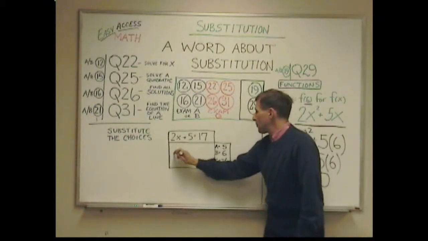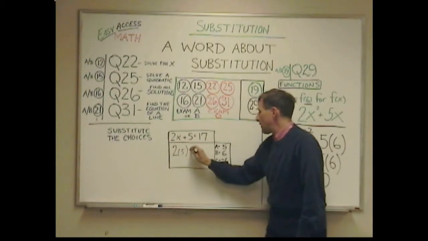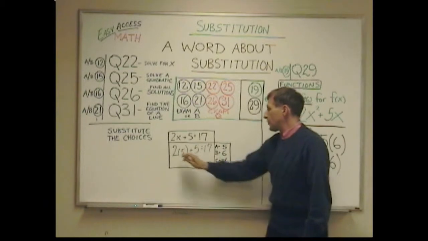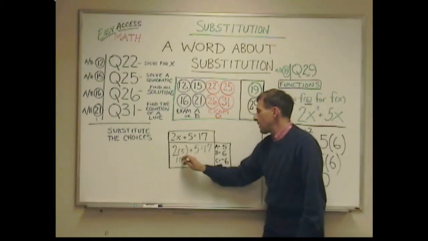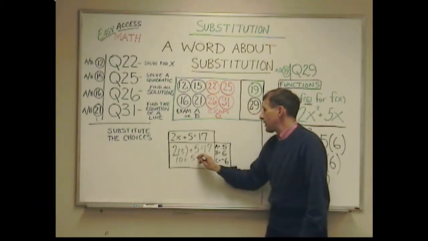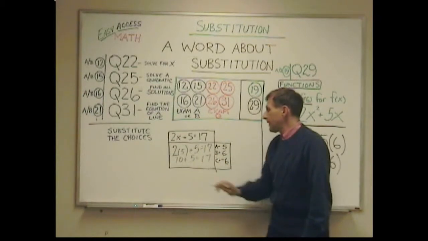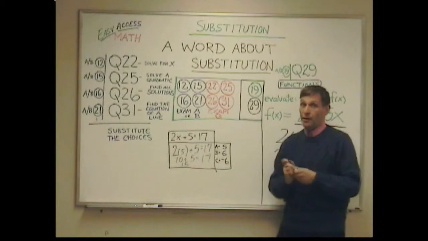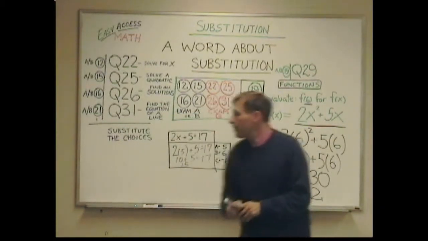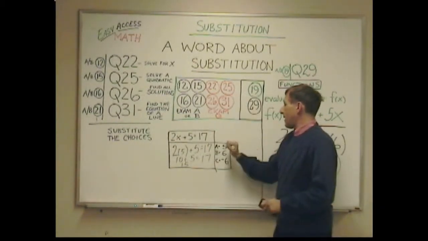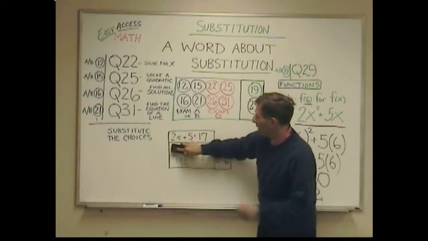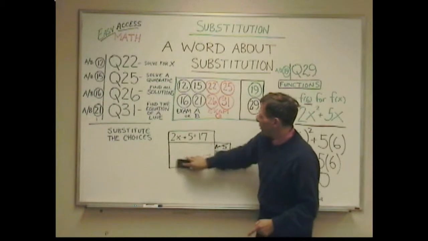I would have 2 times 5 plus 5 equals 17. 2 times 5 is 10, plus 5 is 15. That doesn't work. So that would not be my answer. I could cross A out. That choice did not work when I substituted the choice in the equation.